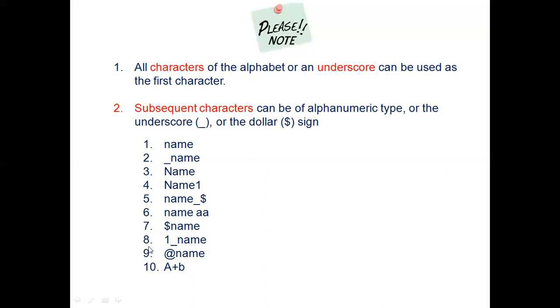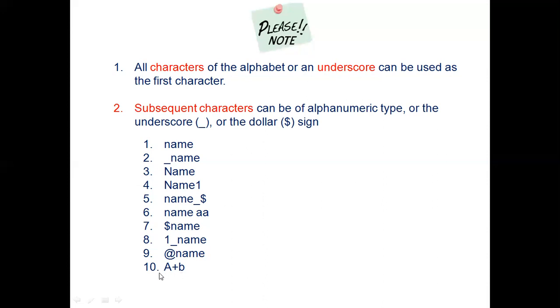Okay, next, eighth one. The first letter starts with a one followed by something. The first letter should not be numeric. It should be either a character or underscore, but it has started with a numeric, therefore it is also invalid. Next, ninth one, at the rate name, with a special character, it is also invalid.